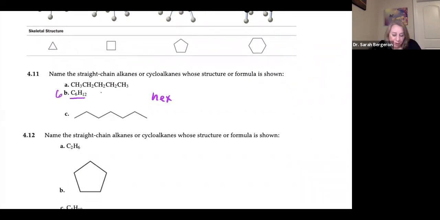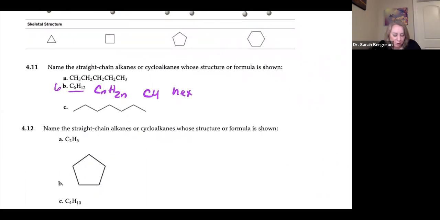This one actually fits just times 2. So CnH2n. So is that a cycloalkane or an alkane? It is a cycloalkane. So we need to insert our cyclo. So this is going to be cyclohexane. If you can match it to one of those 2 formulas, you can name it.